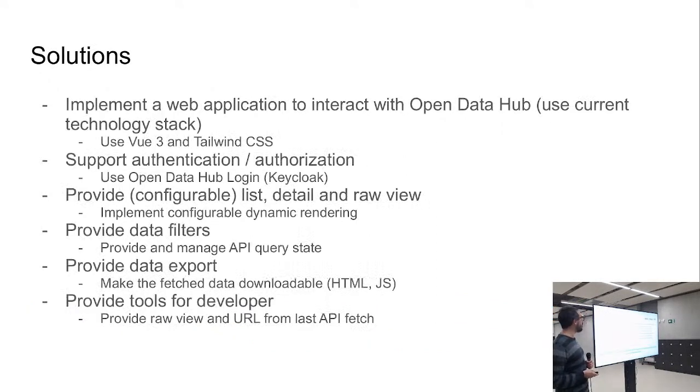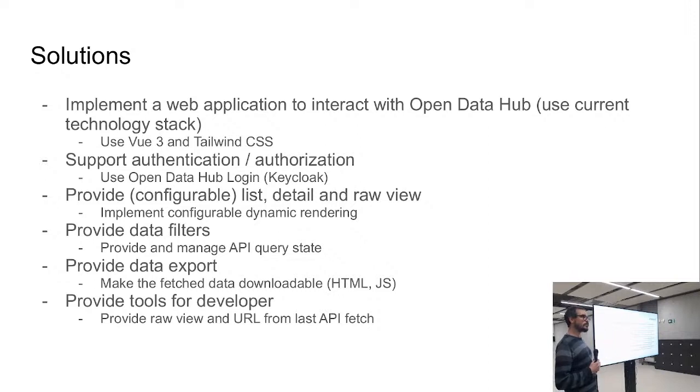So now let's come to the overview of the solutions. Implement a web application, use some framework. In our case, we used Vue 3 and Tailwind CSS for styling. Support authentication and authorization. We use the Open Data Hub Keycloak. Provide the configurable list, detail, and raw view. This was our first challenge.